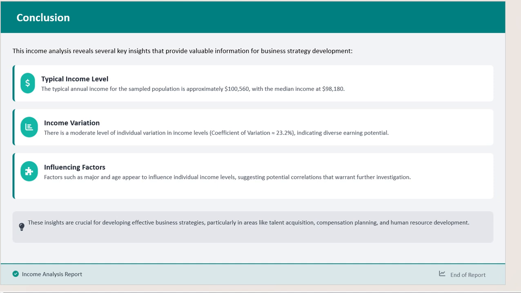So in the future, when we're doing this kind of analysis, we should take into consideration more objective factors other than subjective factors. So it'll be more comprehensive.